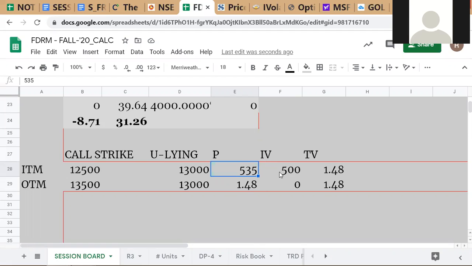Okay, where the fair price of this 12.5K call should only be actually, this is your fair price model. This is your fair price model, and the fair value of this 12.5K call is actually 501.5, but it is trading in the market at 535.